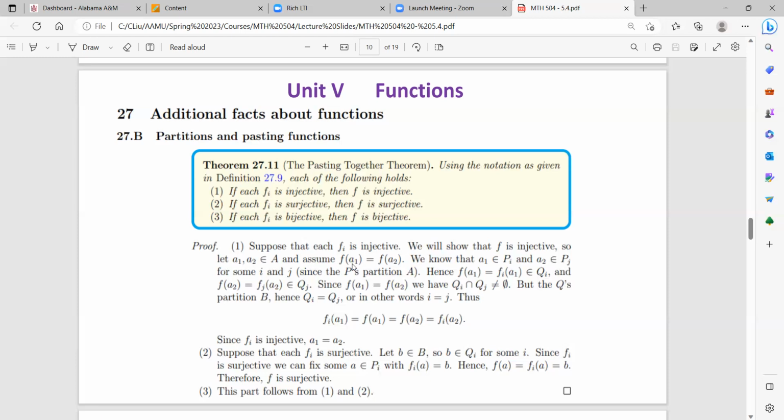Okay, so let a1, a2 be two elements in the domain A, the whole large domain.